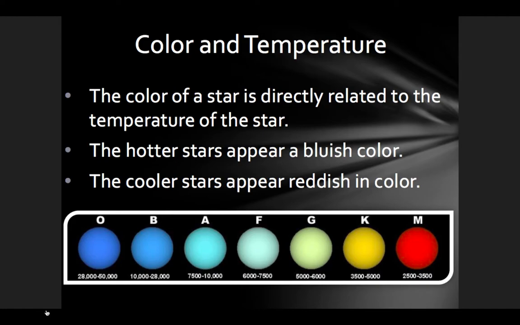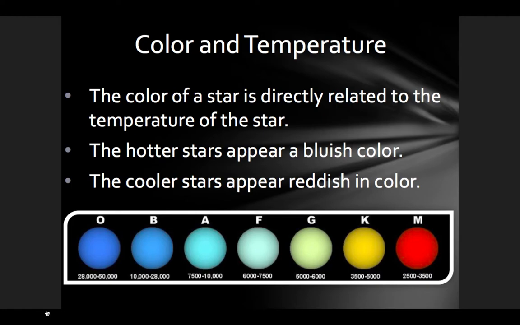When we think about the color and temperature of a star, it's really related. The color of a star is directly related to the temperature, how hot or how cold it is. Hotter stars appear to be a bluish color, which seems kind of strange. We would think it would be red.